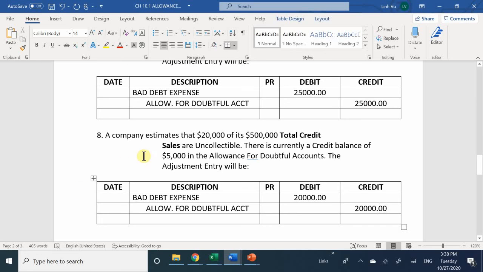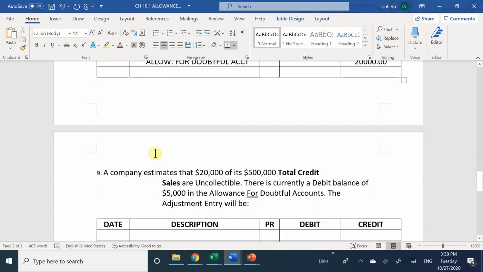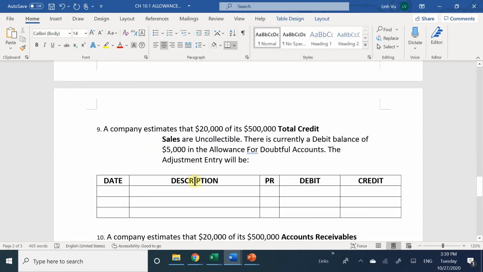So again, if a company estimates that 20,000 of a 500,000 total credit sales is going to be uncollectible, there is currently a debit balance of $5,000 in the allowance for doubtful accounts.